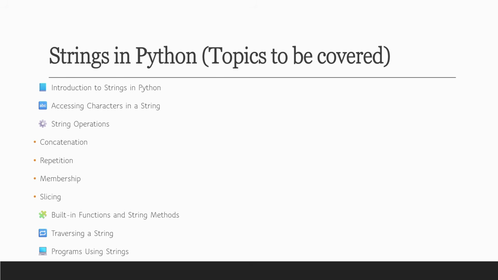We'll also study built-in functions and string methods that help us work with strings easily. Then, we'll learn how to traverse a string using loops. Finally, we'll write and understand programs using strings. By the end of this lesson, you'll have a strong understanding of how strings work in Python.